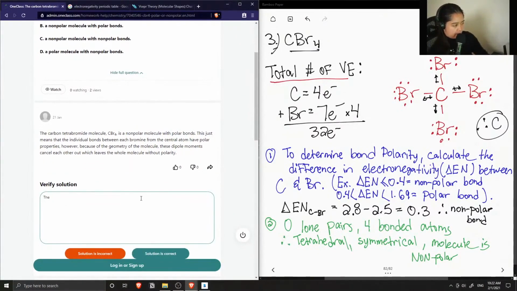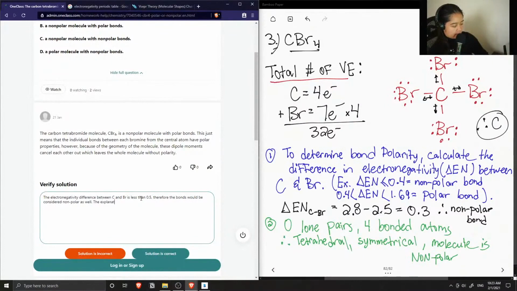So the electronegativity difference between carbon and bromine is less than 0.5. Therefore, the bonds would be considered nonpolar as well.